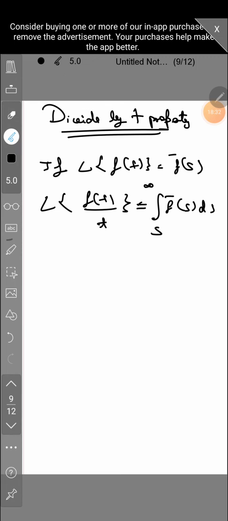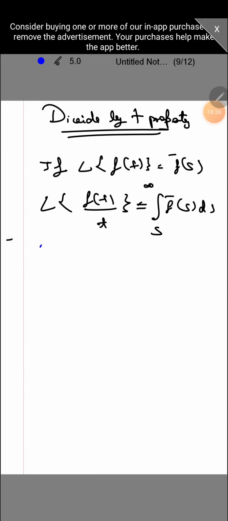Let's see the proof. The proof is quite simple. All the proofs are simple. Integration s to infinity, integration 0 to infinity e to the power minus st f(t) dt, and then you have ds.